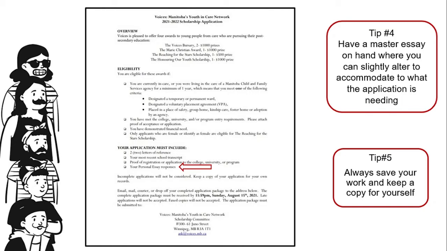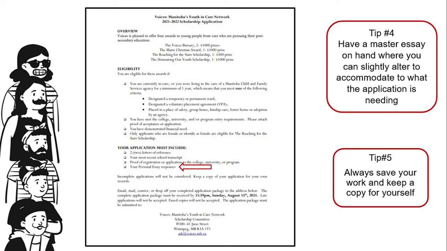Tip number 5 is to always save your work and keep a copy for yourself. So if for any reason the application gets lost or they didn't receive it, then you would always have something on hand so that you can submit it again.